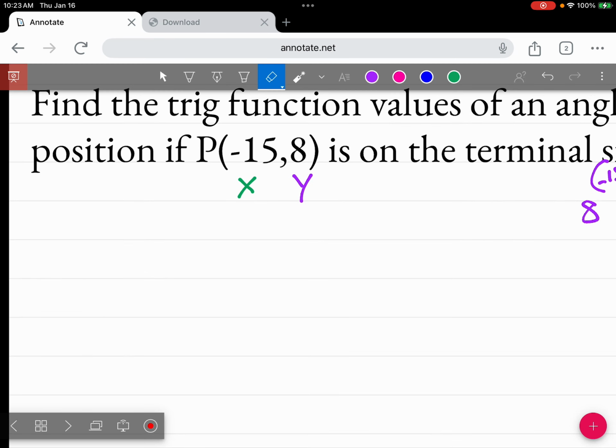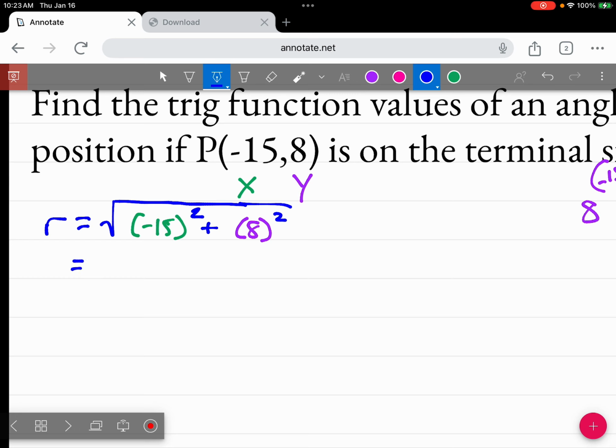So we need to know what that r is, what our radius is, to be able to do all of our trig functions. So we're going to do our distance formula, or Pythagorean theorem. They're the same darn thing. It's just one's got the square root and one doesn't. They're the same formula. So we're going to take our x, that negative 15, and square it, plus our 8 squared.